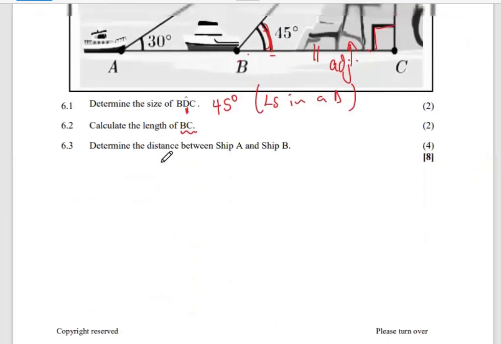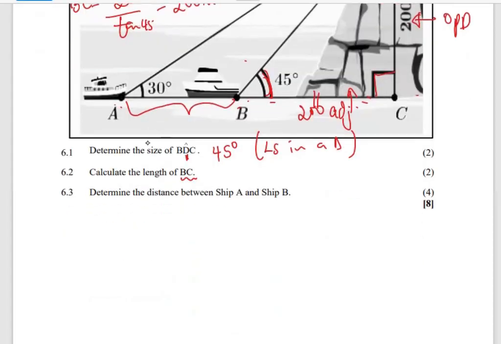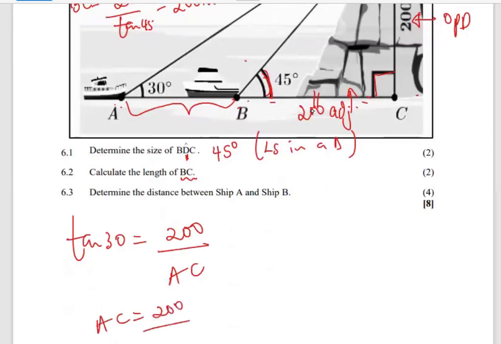Then determine the distance between ship A and ship B. Okay, so they want us to get that distance. But if this is a 200, we need to find the distance AC. We can still use the tan and say that the tan of 30 is equal to DC, which is 200, over the AC. And then AC alone is going to be 200 over the tan of 30.